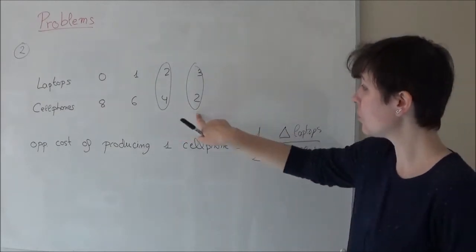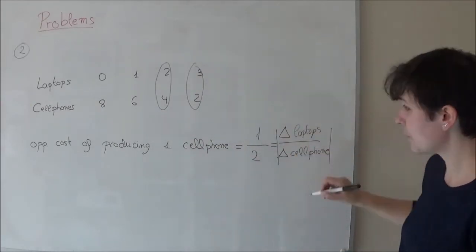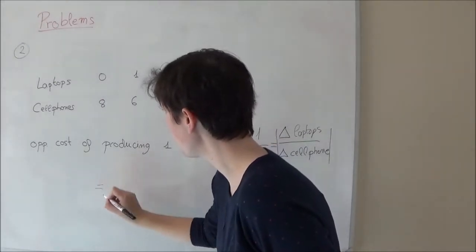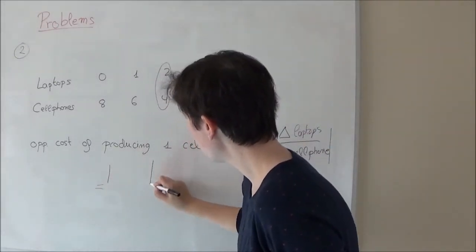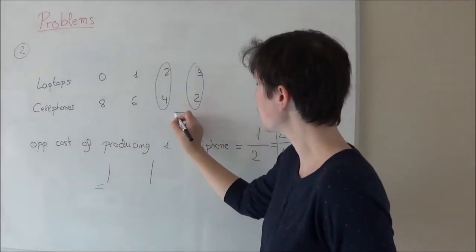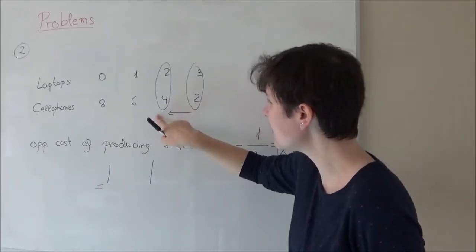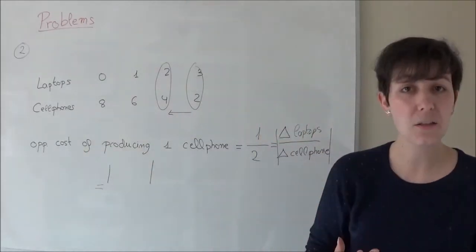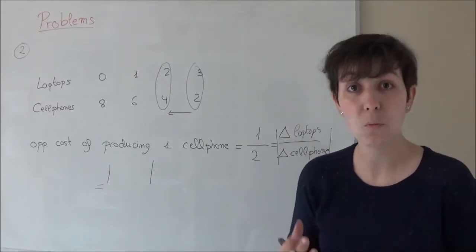As I said, I'm going to consider this, and I'm going to put that change in absolute terms as usual. So the variation of laptops is, I'm going from this point to this point. Why? Because here I am observing the effect of increasing cell phone, and that is the opportunity cost of producing 1 unit more, so produce more.